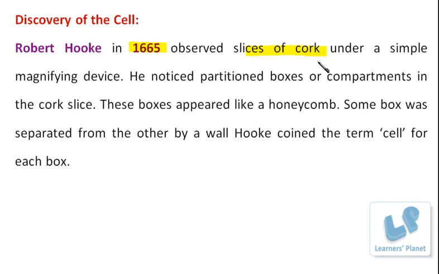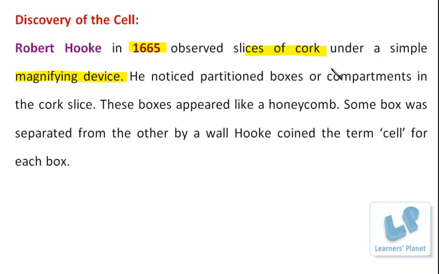So he used a very thin slice of this particular region, and he observed it under a magnifying glass or magnifying device. In that time he did not have a developed microscope to examine things, so he simply used a lens or magnifying device to watch what was inside these cork slices.